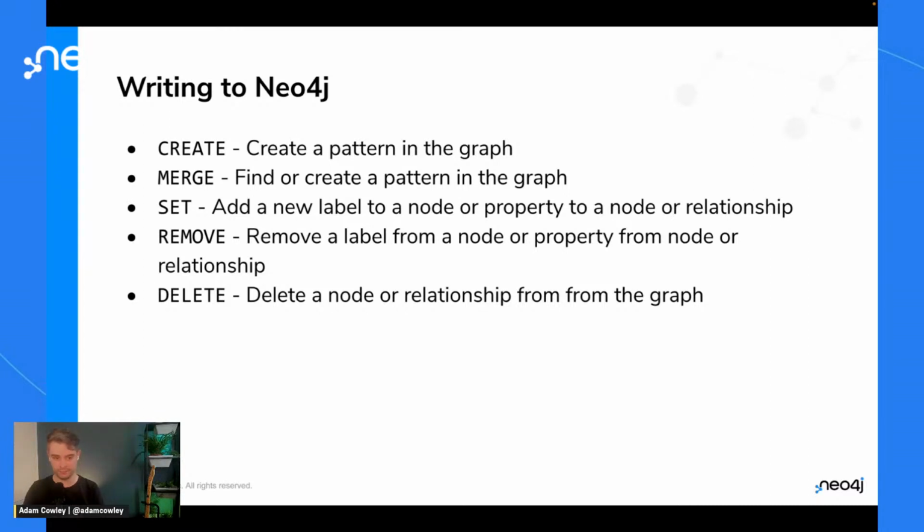And we can use the remove keyword to remove either a label from the node or a property from the node or relationship. And if we want to delete an element from the graph, so either a node or a relationship, we can match the pattern, and then we can use the delete keyword to delete that value.